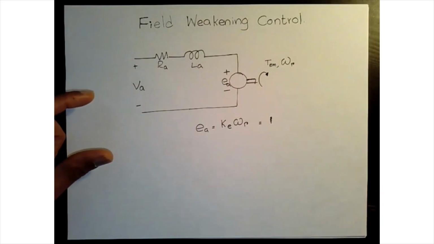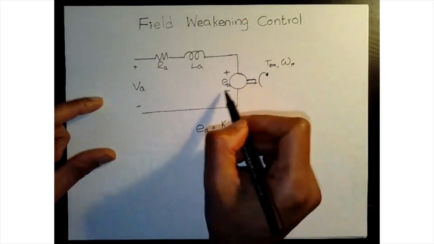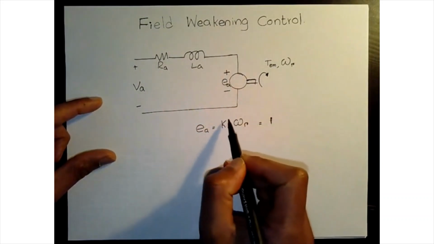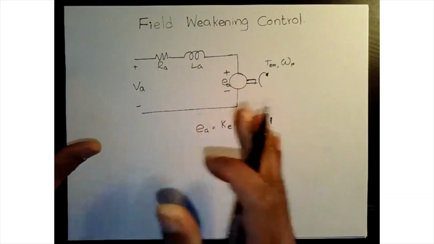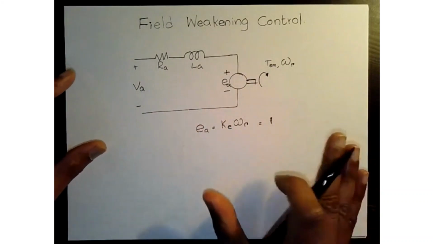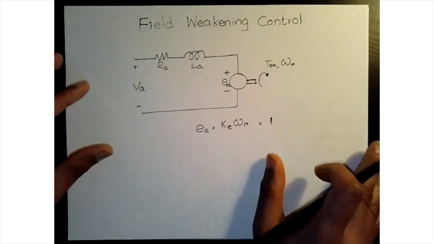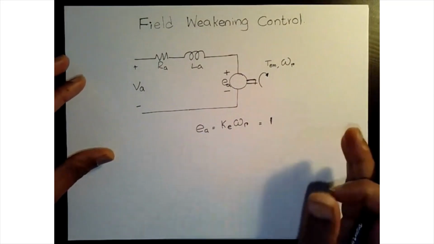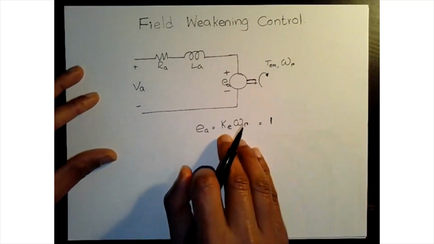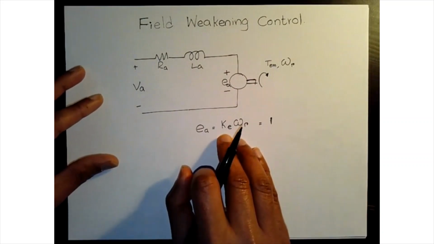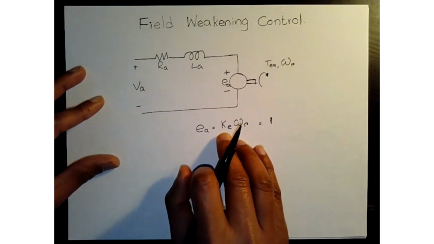Okay, so what that means is if we have a DC motor, your KE is going to be constant, more or less. Let's assume it's in the linear region, not saturated, because with saturation you see other effects happening. However, in the magnetically linear region, your KE value is going to be relatively constant, right?